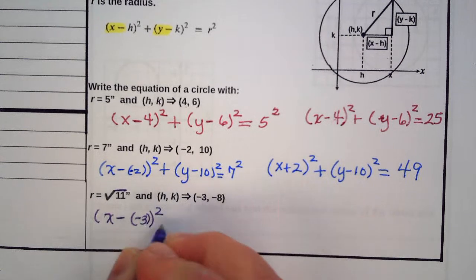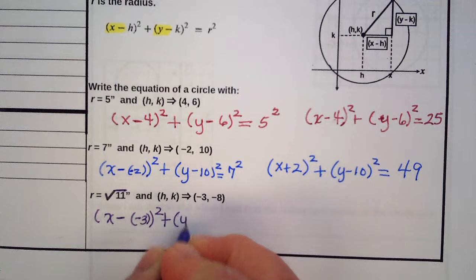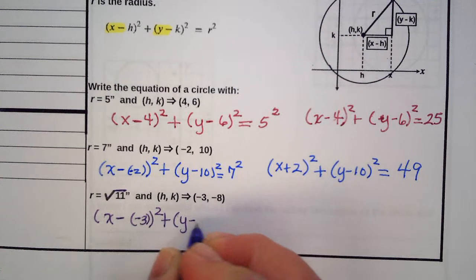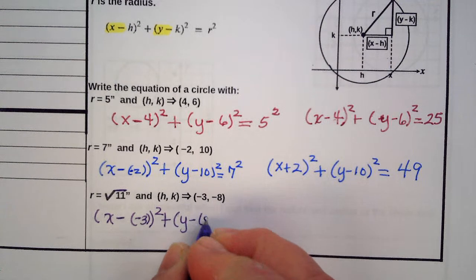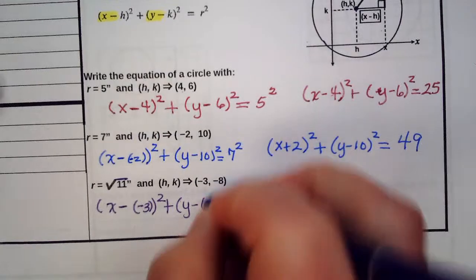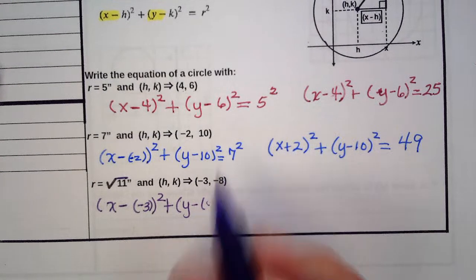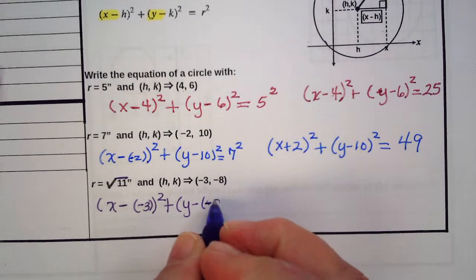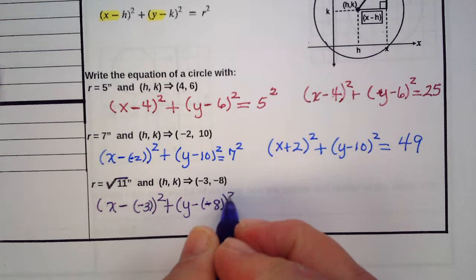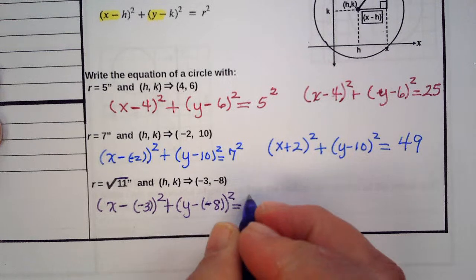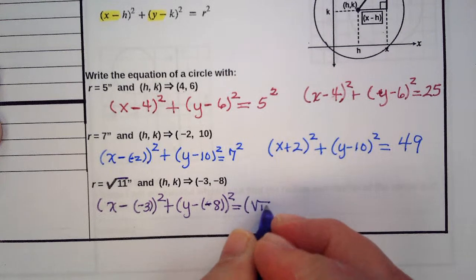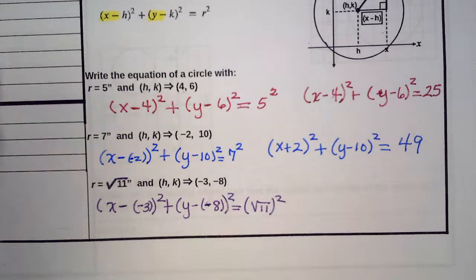And I'm going to square it. Plus y minus, what's my k value? Negative 8, and I'm going to square it. And that is equal to the square root of 11 squared.